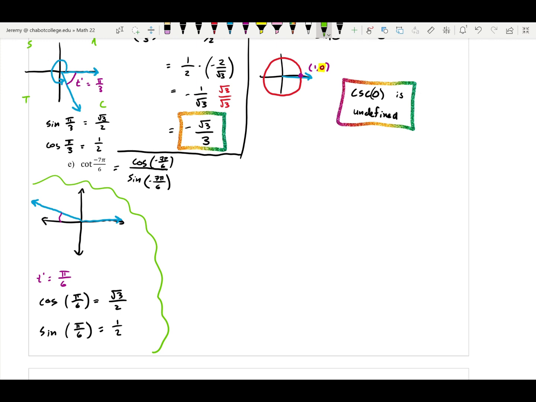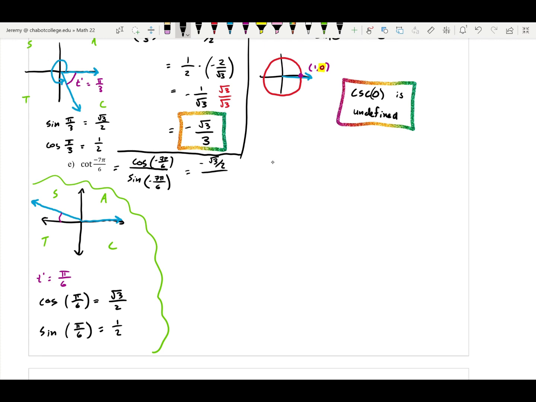And then using All Students Take Calculus. Since we're in that second quadrant, sine will be positive this time, but cosine will be negative. So we're going to get, in the numerator here, for cosine of negative 7 pi over 6, negative root 3 over 2.